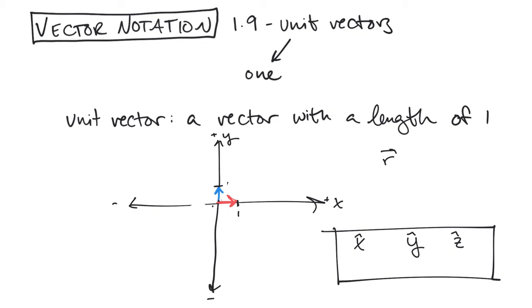However, they are also sometimes notated, and actually I'll probably use this a fair amount myself, as i hat, j hat, and k hat. So the x's, or x and i go together, y and j go together, z and k go together. You can write the x unit vector as i, the y unit vector as j, and the z unit vector as k.